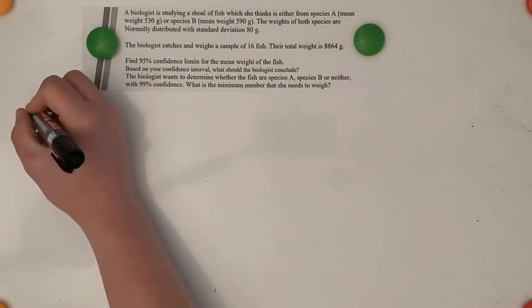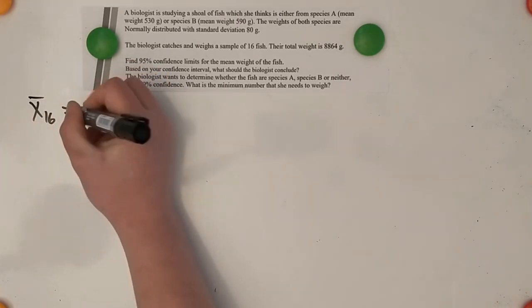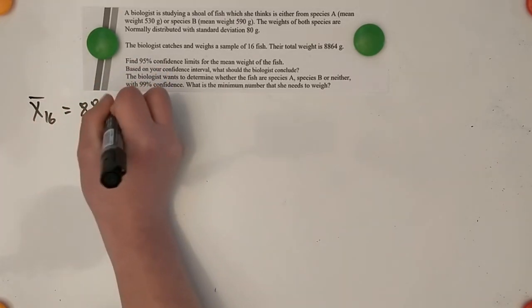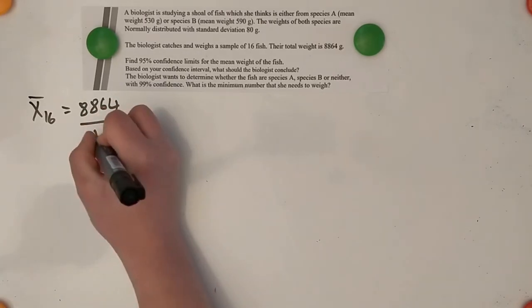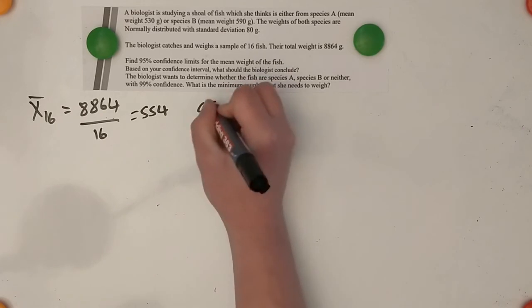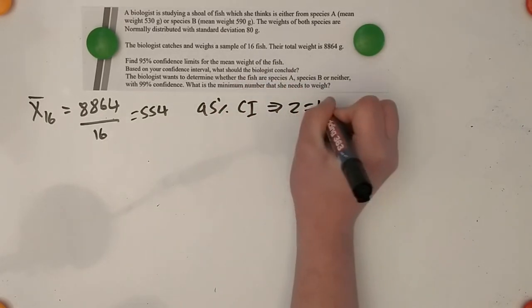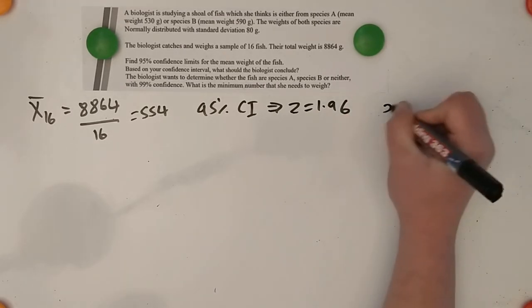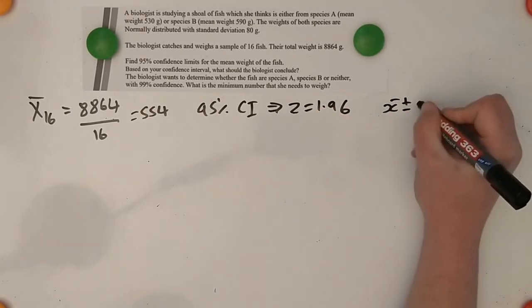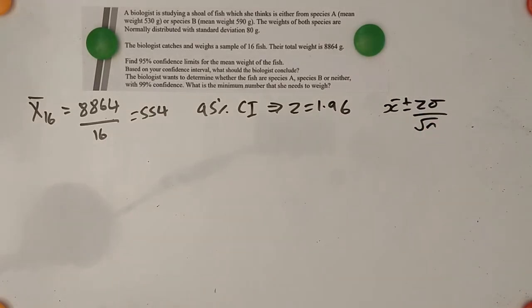So to start off with, I've got x bar is going to be equal to 8864 divided by 16, which is 554. And for a 95% confidence interval, I'm going to use z equals 1.96, where my confidence limits are x bar plus or minus z sigma over root n.